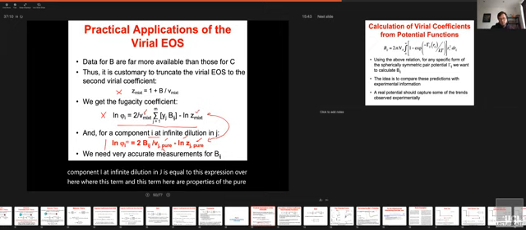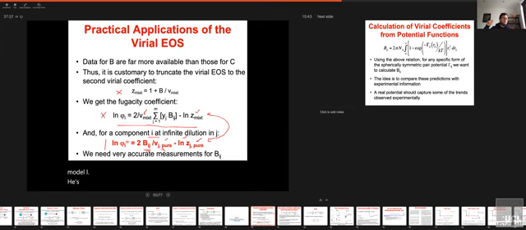So you know them. You can do experiments if you like, but they're easily found. And what you're left with is the second virial coefficient between I and J, that tells you how the molecule I is interacting with the molecule J. So this is a very important experiment.